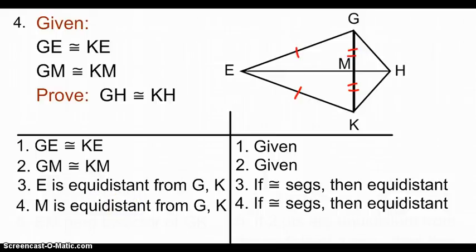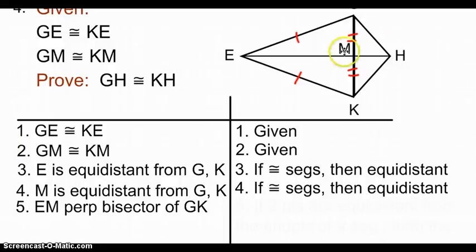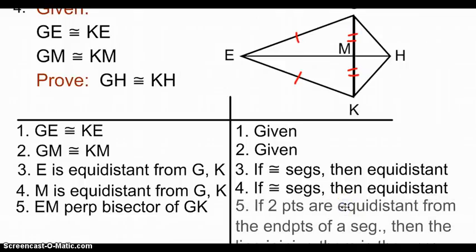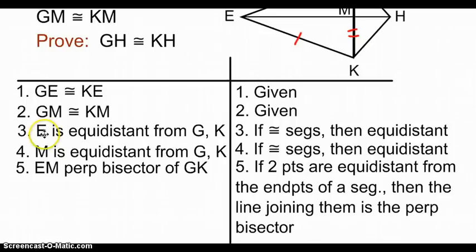Because E and M are both equidistant from G and K, that then leads us to EM is the perpendicular bisector of GK by if 2 points, E and M, are equidistant from the endpoints of a segment, then the line joining them is the perpendicular bisector.